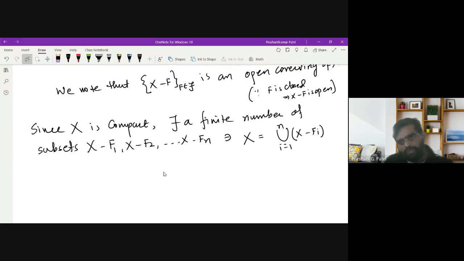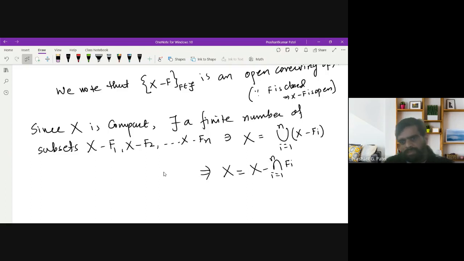This implies X minus X is equal to X minus the intersection of Fi, if I take the union inside. This is a set theoretical result which we can easily see.